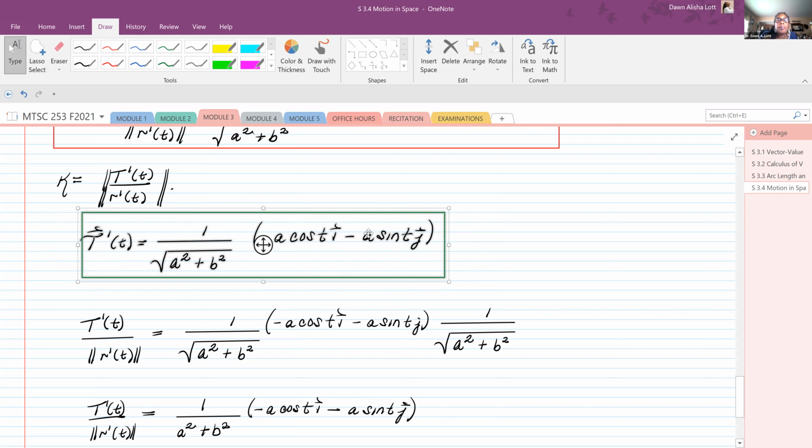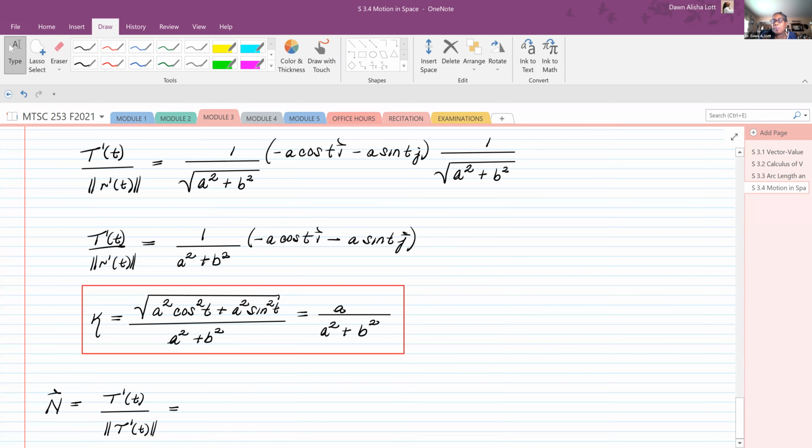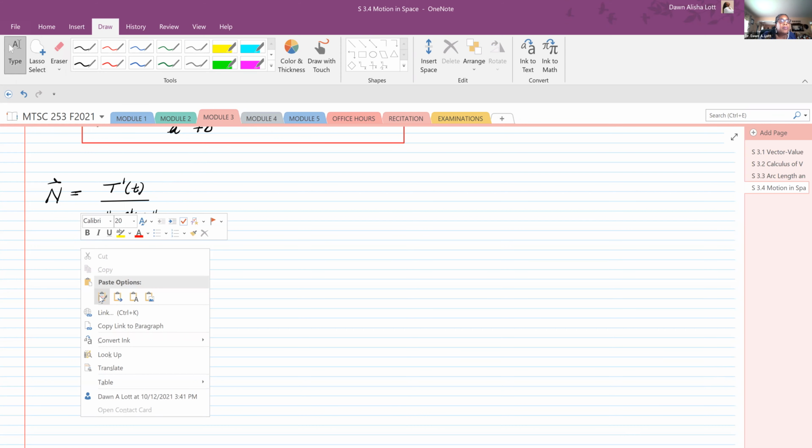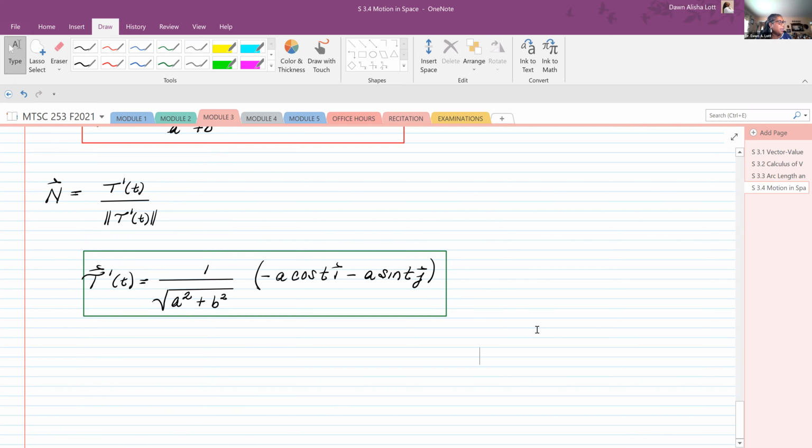So that's T prime. Okay, so the length of T prime, I'm going to get a squared plus b squared, the square root.